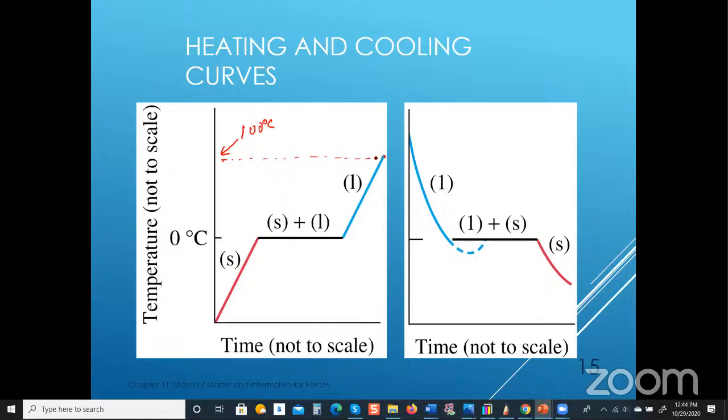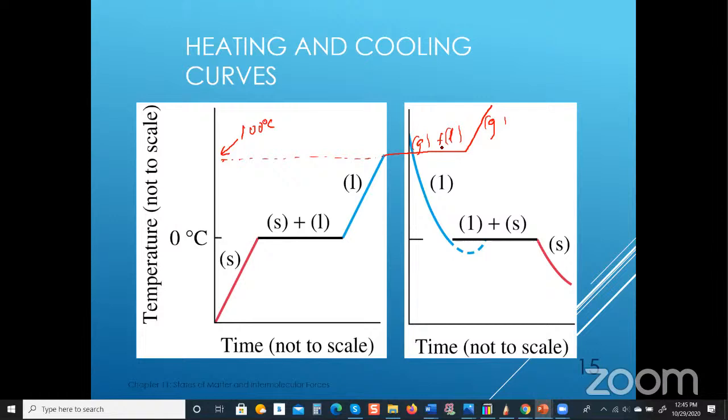So you're going to have a flat line again, and at this point, you have both the gaseous state and the liquid state coexisting, right? As long as you have liquid, the temperature will remain at the boiling point until all the liquid is converted to gas, and then you're going to have the temperature rising again. And at this point, the only substance you'll have will be in the gaseous state, all right? So that's basically what happens.